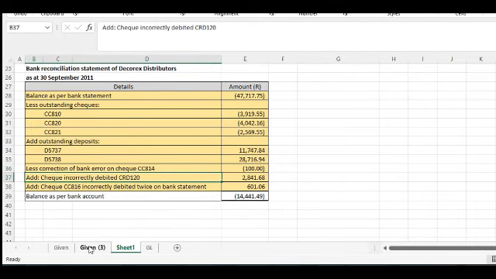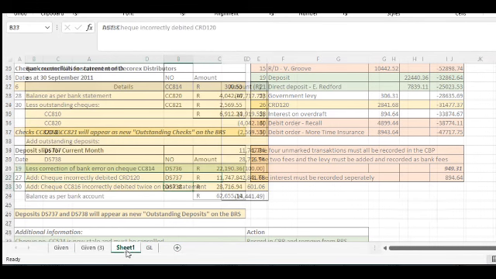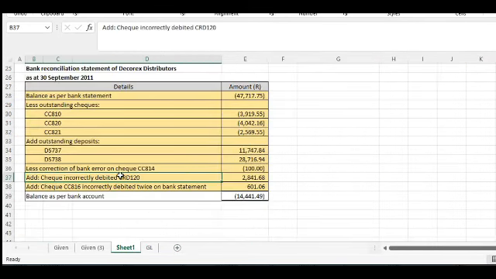This check CRD 120, this one here, we have no idea whose it is or where it's coming from. The only thing we know is it shouldn't be taken from our account, and so we add that, because if that wrongly debited check is taken out of our account, then it's a payment that must be returned to us. So therefore we add it.